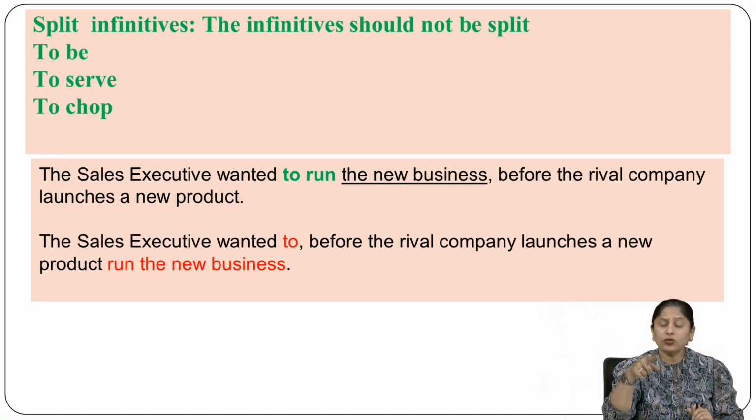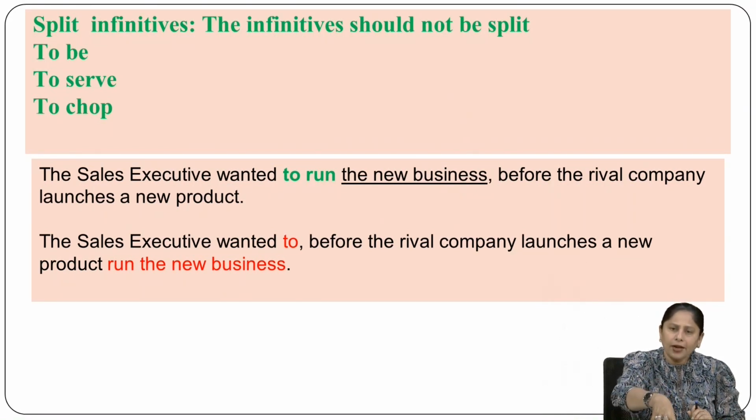The sales executive wanted to run the new business, this whole part to run. After to run, there is an underline, the new business. This is actually a phrase, and you can say that it is the modifier also, an adverbial modifier, because to run is a verb and the new business is a place, so it's the adverb.